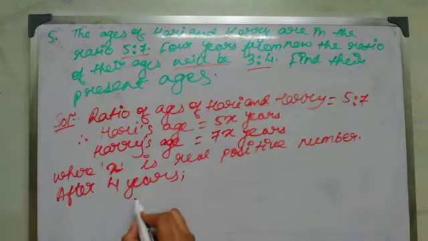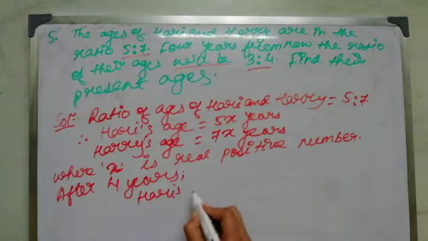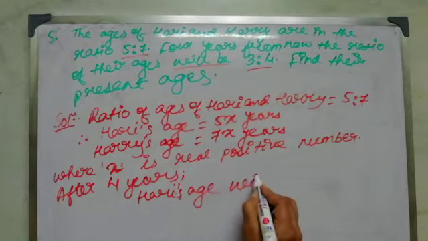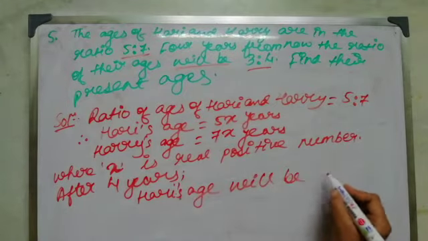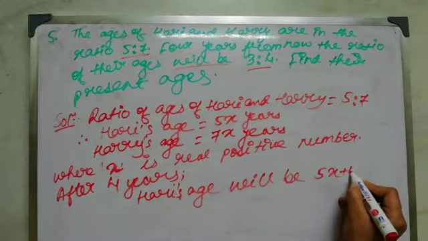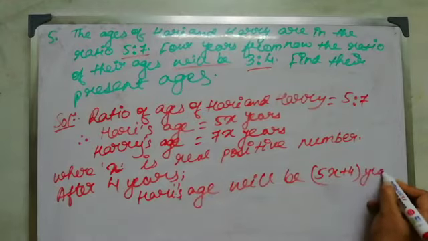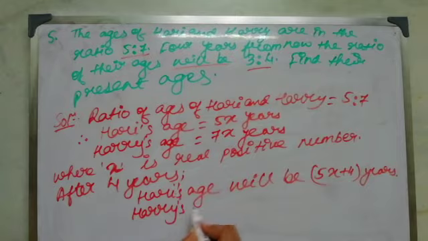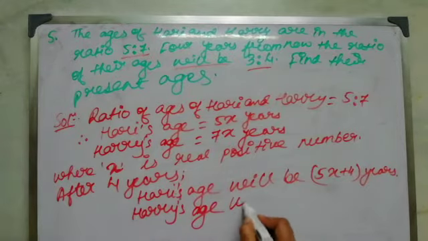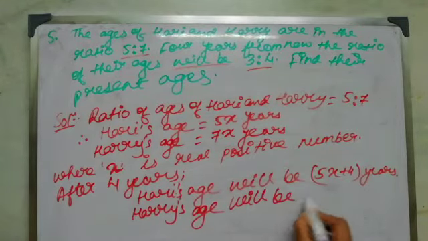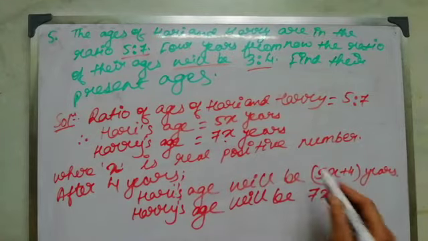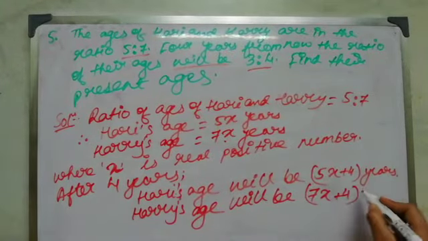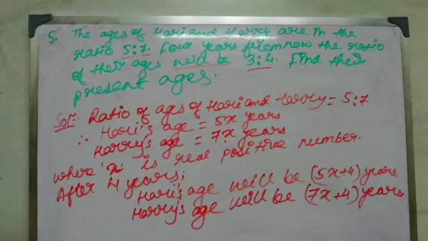So after 4 years Hari's age will be 5x plus 4 years. Similarly, Harry's age will be 7x plus 4 years. Any confusion?